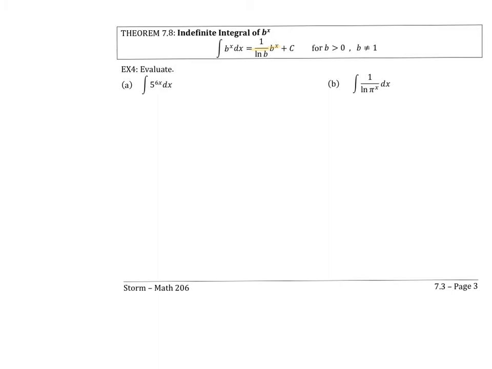So in example 4, I'm going to evaluate the integral of 5 to the 6x. Now remember, this is not just x, it's 6x. So I need to do a substitution. I need to let u equal 6x.